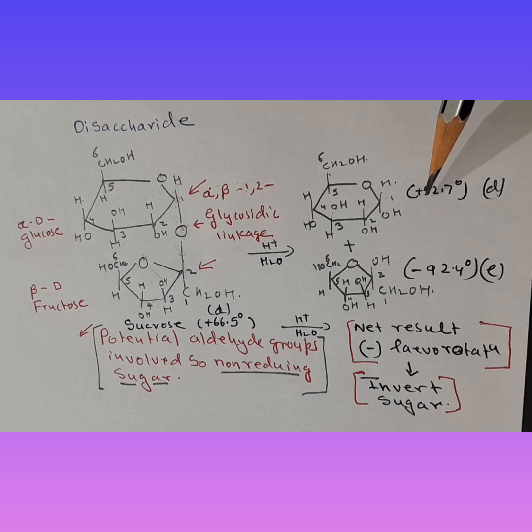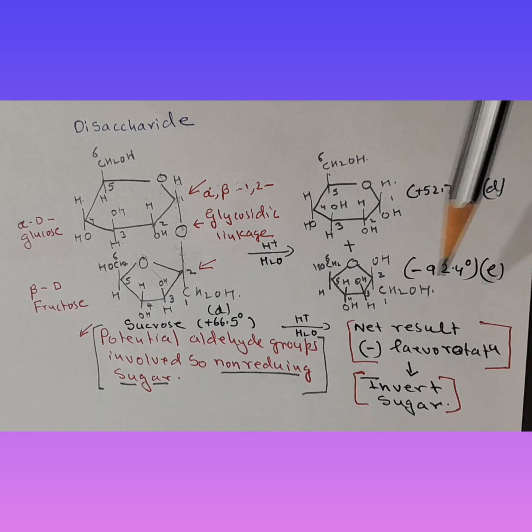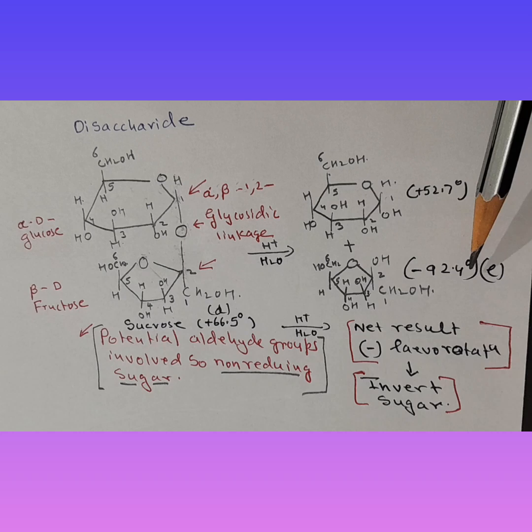I had told you whenever it is towards the left side, we give negative, and whenever the plane polarized light is shifted towards the right side, the optical rotation is positive, and we call it dextrorotatory.